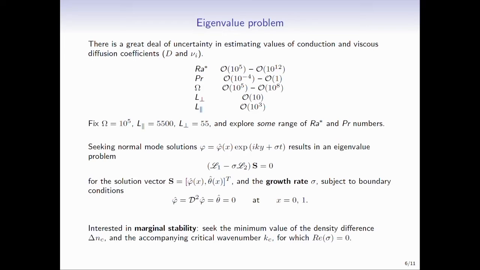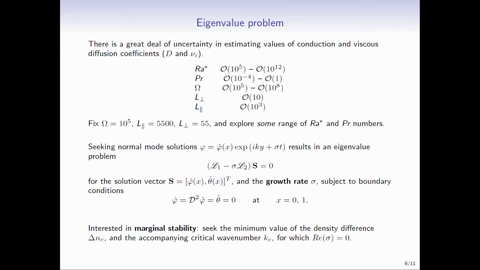So we're going to seek the minimal density difference across the layer at which the instability kicks in. This eigenvalue problem we have to treat numerically because there's an explicit dependence of the coefficients on the x direction.